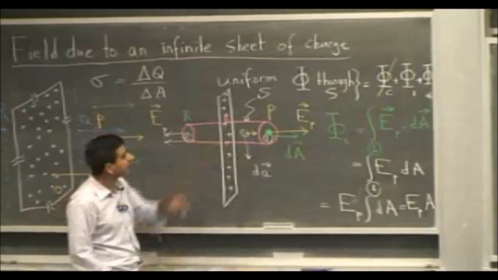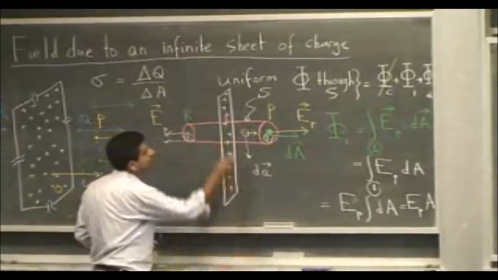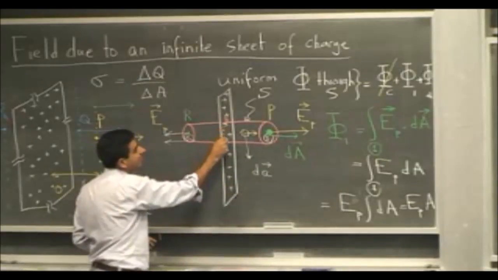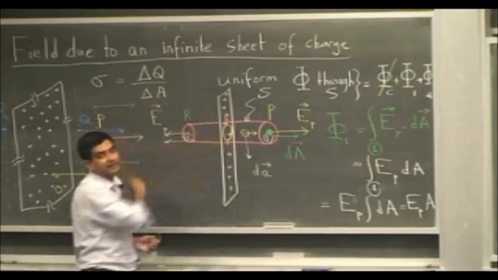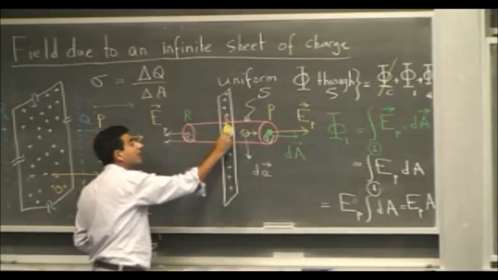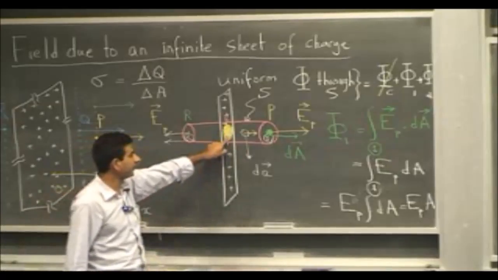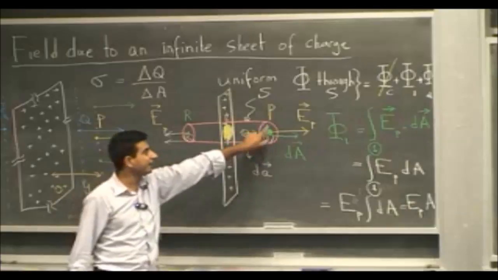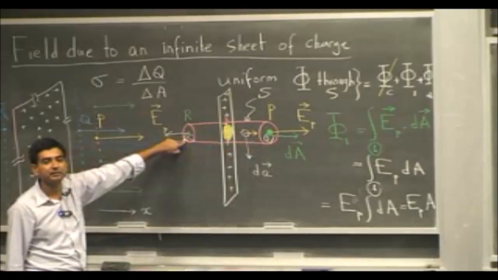And the only charge that exists is on this sheet, and it will have an area that is just a copy of the area of the end cap. So this is the area of charge that is enclosed by the Gaussian surface, and this area is also capital A. It's going to be the same as the area of this end cap, and the same as the area of this end cap.